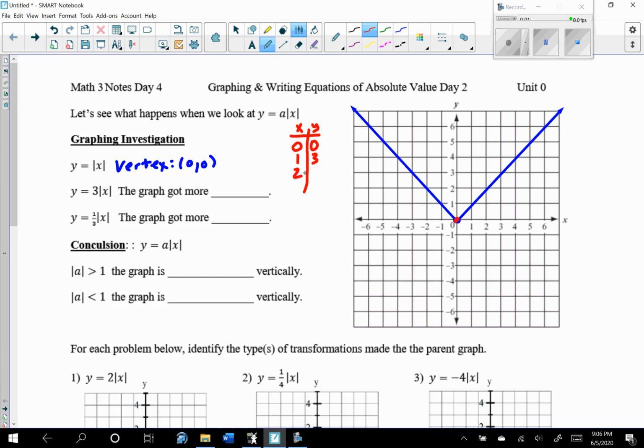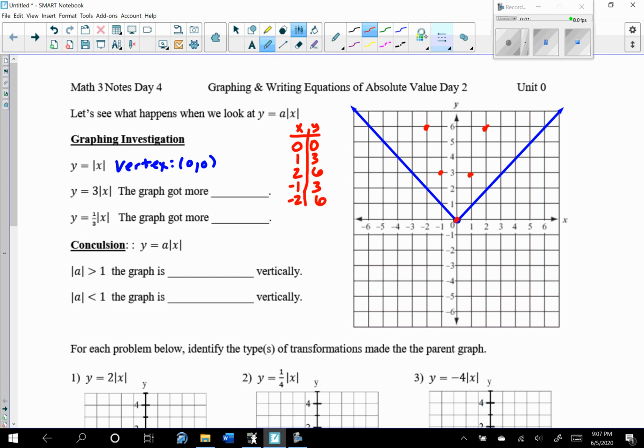If I were to do 2, the absolute value of 2 is 2, times 3 would give me 6. Negative 1, the absolute value of that is 1, times 3 is 3. Negative 2 would also give me 6. So at 1 we have 3 and 2, 6. And on the other side, of course, it should match because we know the graph has symmetry about the vertex.